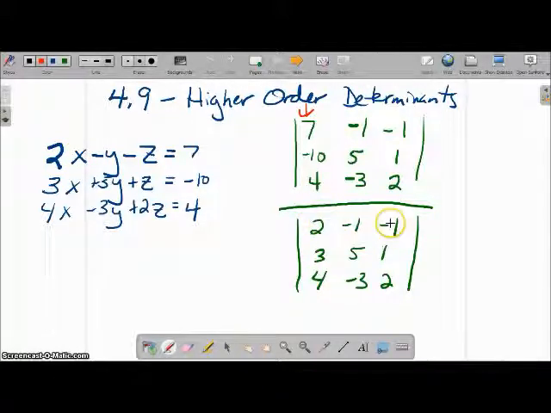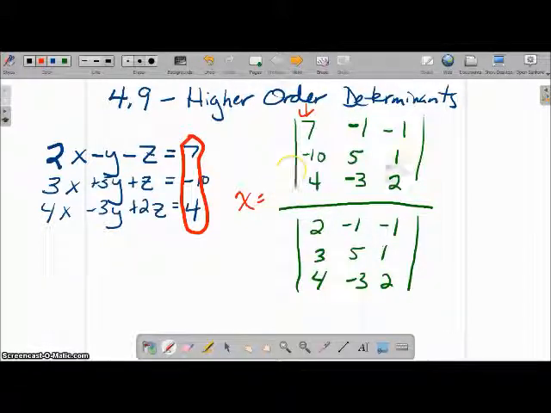There's 2, -1, -1, 3, 5, 1, 4, -3, 2. Your numerator is very similar, except you might notice that these x values are dropping into the first column of your numerator.